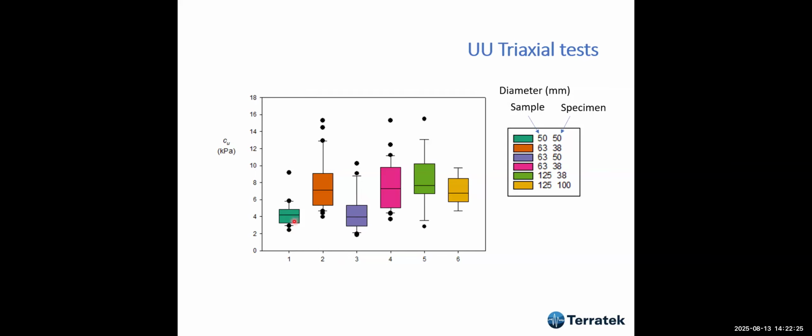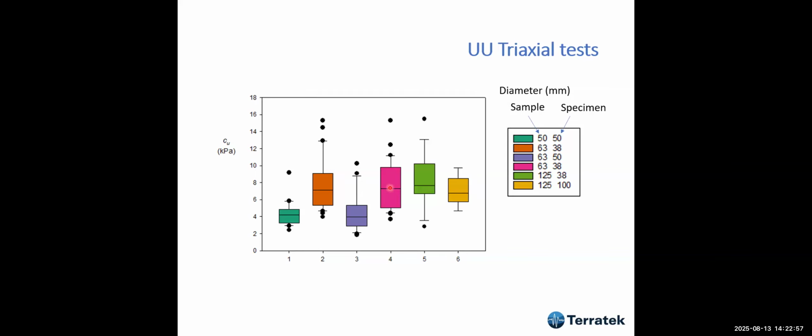As you see here, this is the 50 millimeter sample, 50 millimeter specimen. The average result of the undrained strength is very low, definitely due to sample remolding. And then as I increase the sampler diameter and decrease the specimen diameter, the strength goes up. As we see here, this 63 is very good.